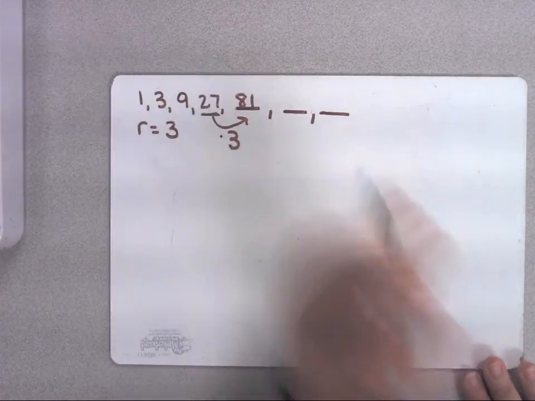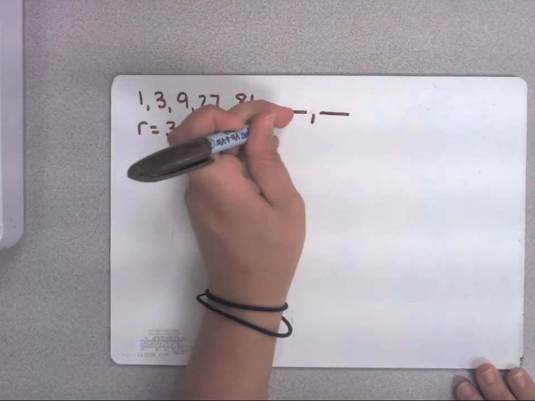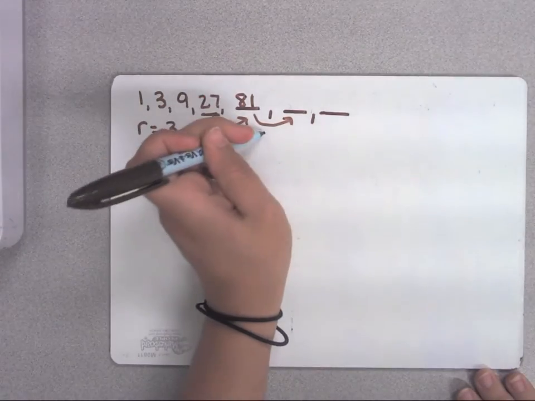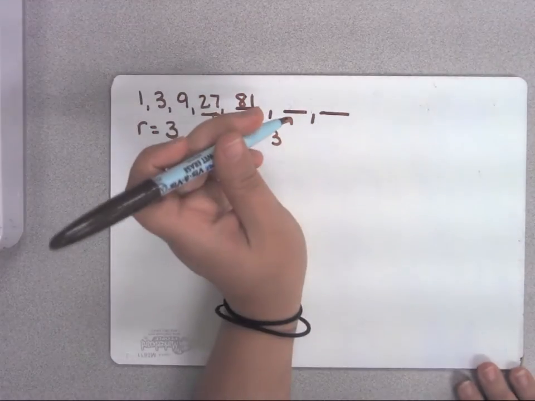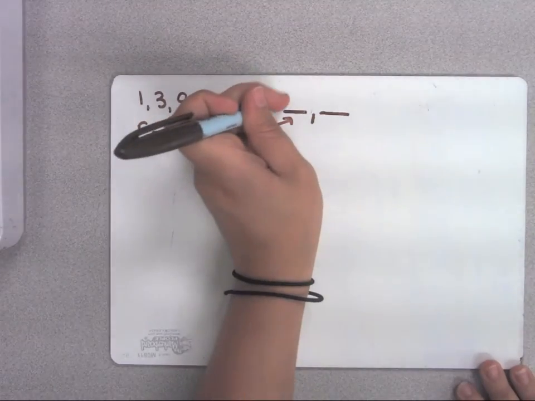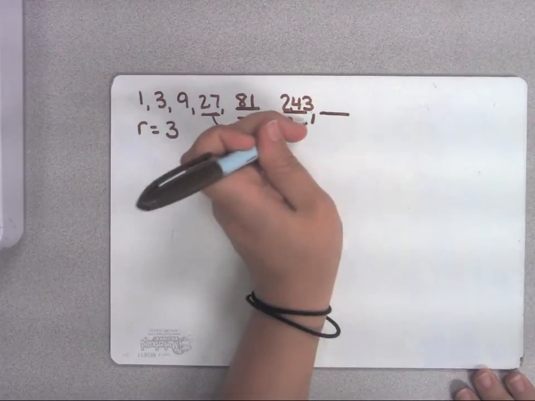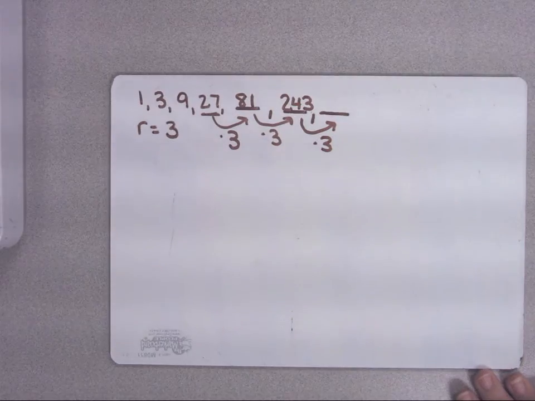That's a pretty big number. Then we're going to do it again. 81, and then again, times 3, Jacoby. Then we have one more time to do that. Times 3, that last number times 3.